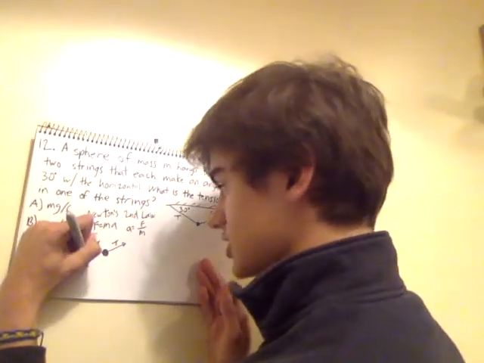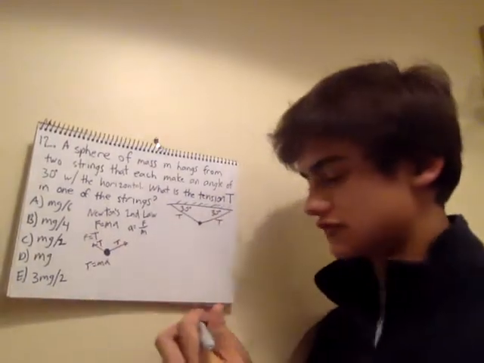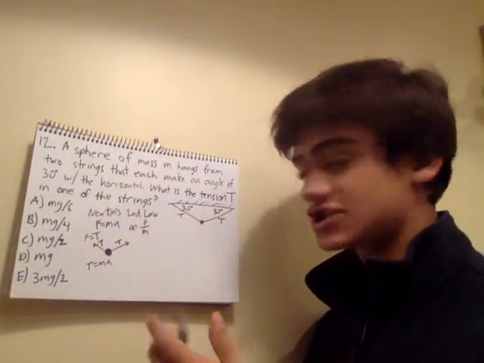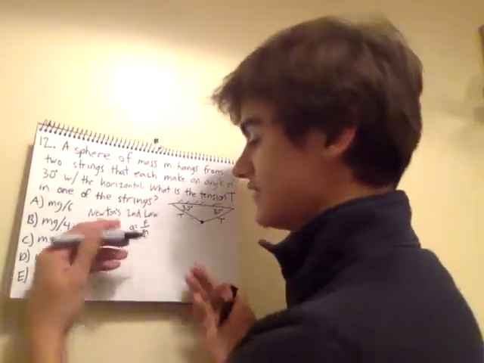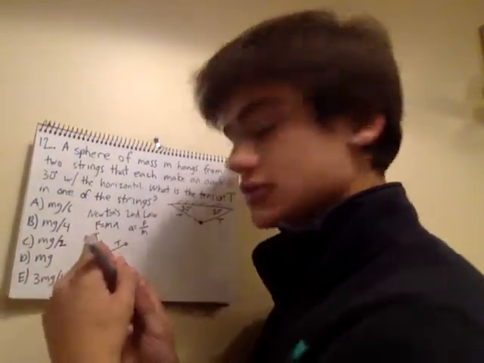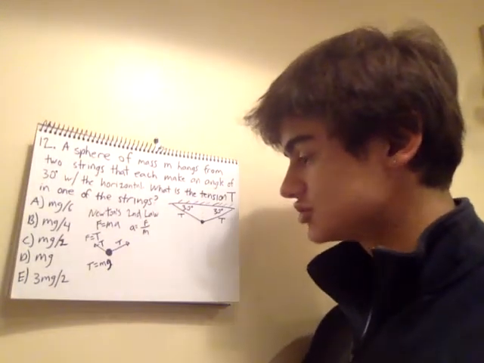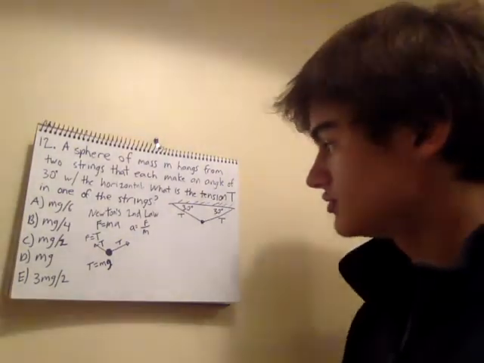Okay, let's write tension is equal to mass times acceleration, because tension is equal to force. And then our acceleration here is just going to be gravity. T equals mg.